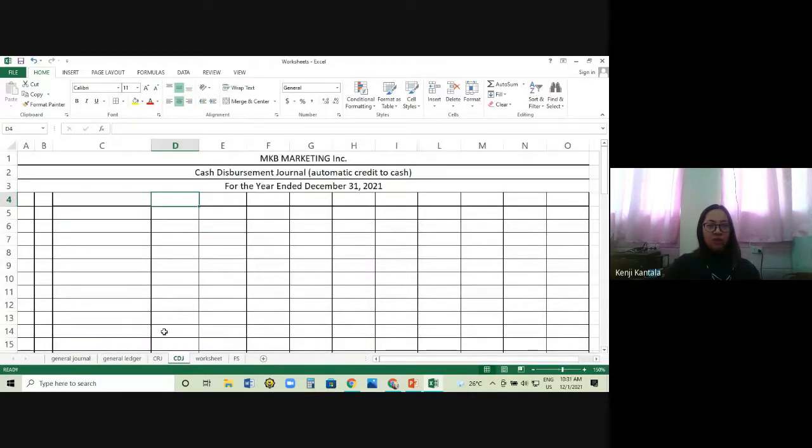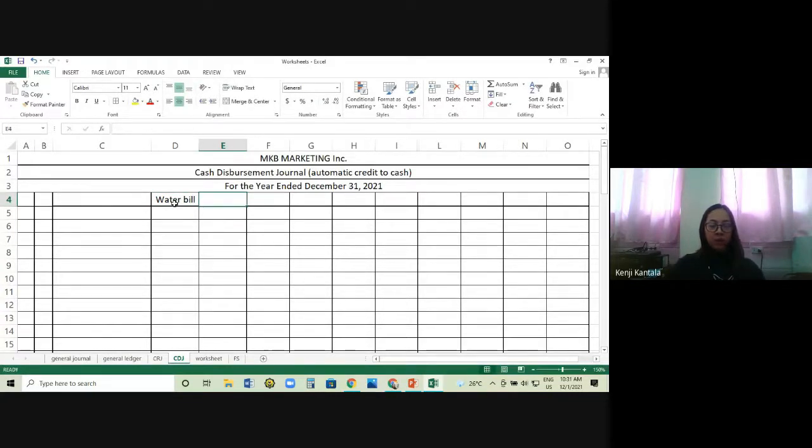Ngayon, sa cash disbursement journal, kapag maglalabas tayo ng pera, we record it as part of your cash disbursement. So, that is an automatic credit to cash. So, sample transaction here is your payment to your utilities. So, we have, for example, water bill. Maglalabas ka ng pera.